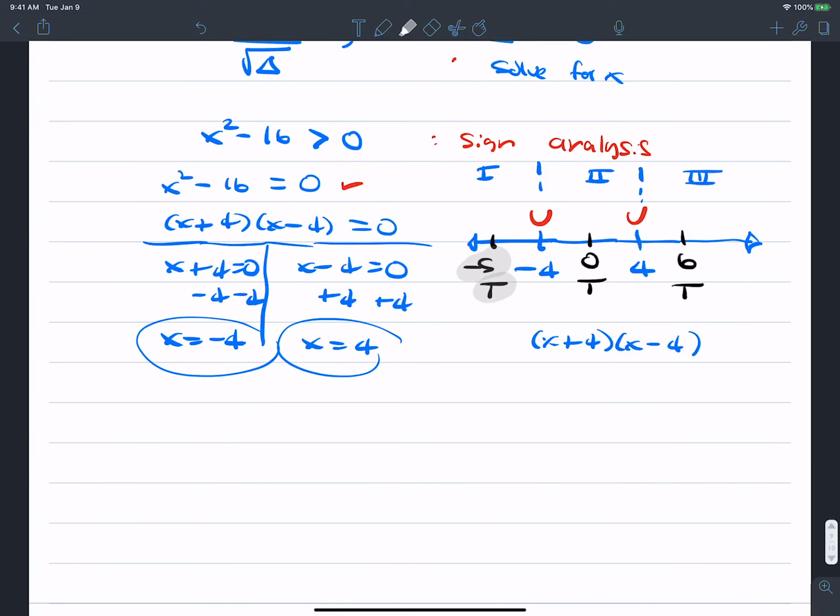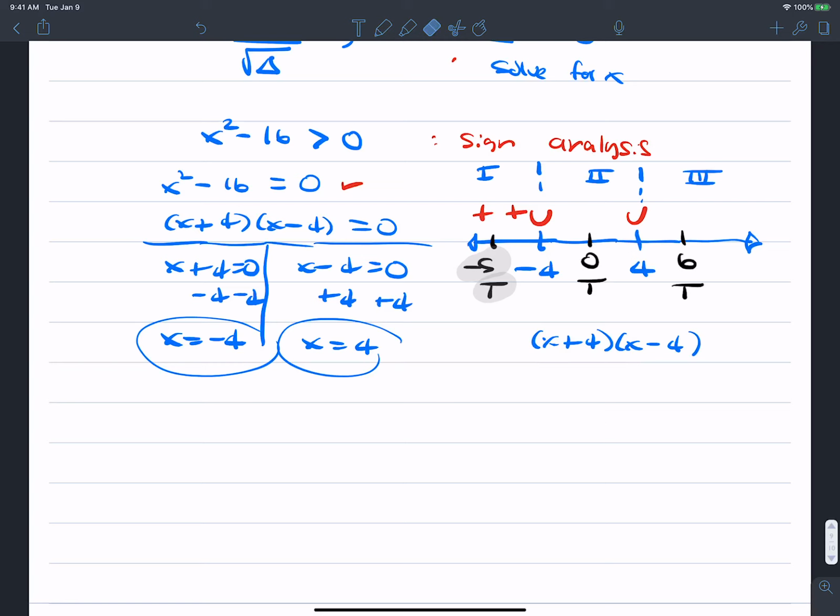The test point of -5, we plug in and do arithmetic. -5 plus 4 is -1. -5 minus 4 is -9, and a negative times a negative gives us a nice positive for region 1.